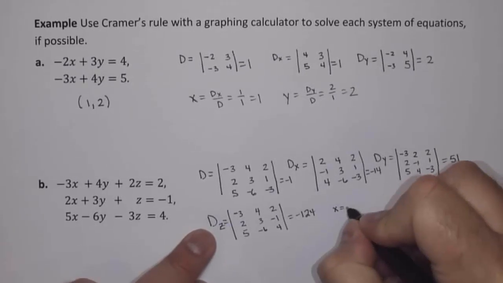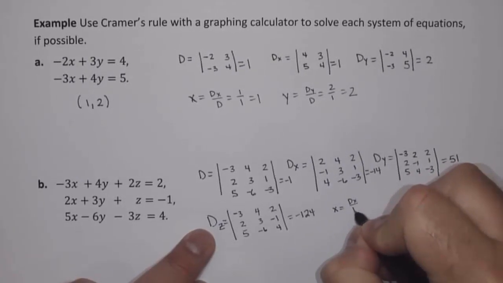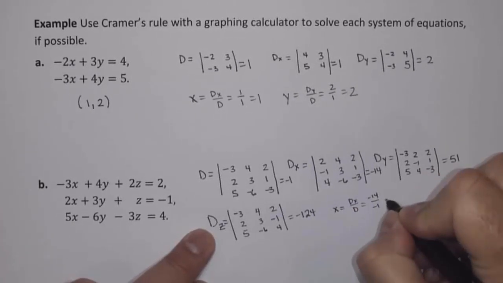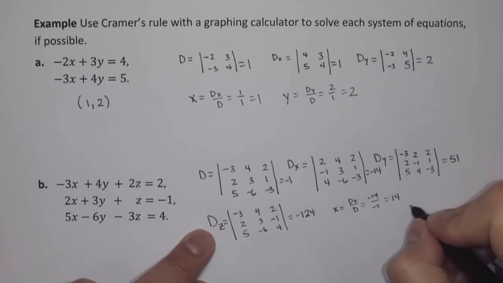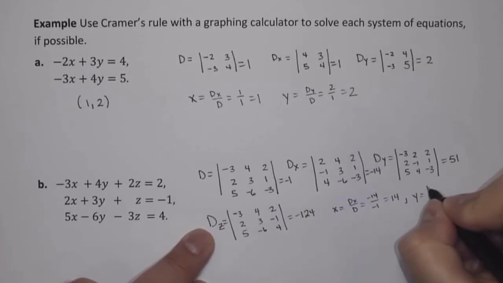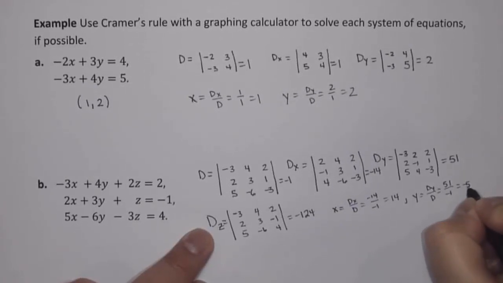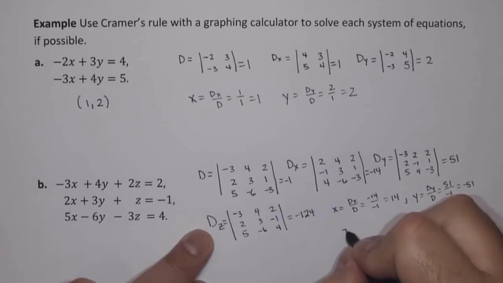So x is going to equal dx divided by d. So that would be negative 14 divided by negative 1, which would be 14. Y is going to equal dy divided by d, which would be 51 divided by negative 1, which is negative 51.